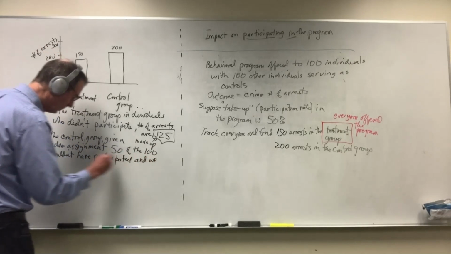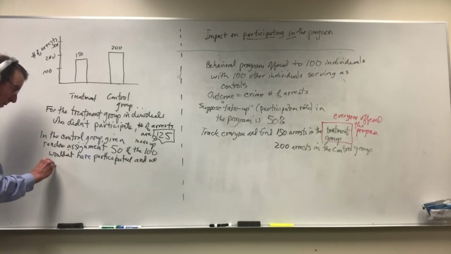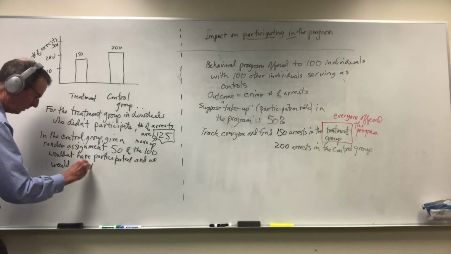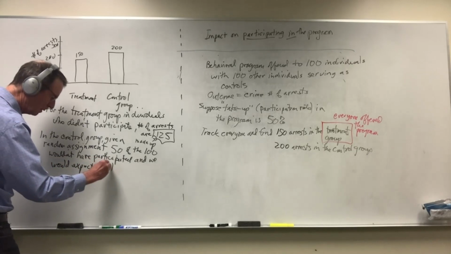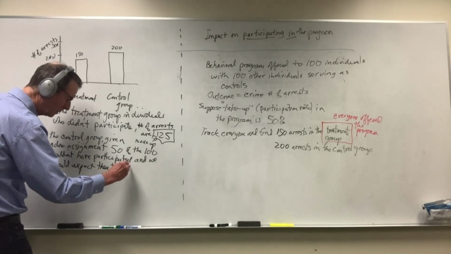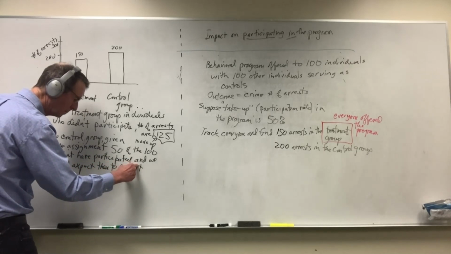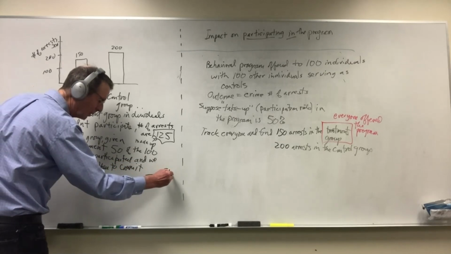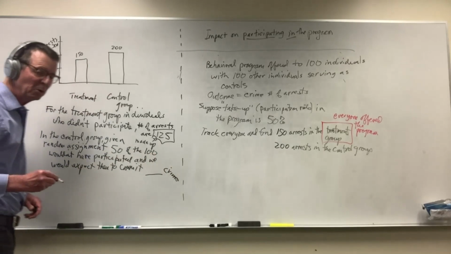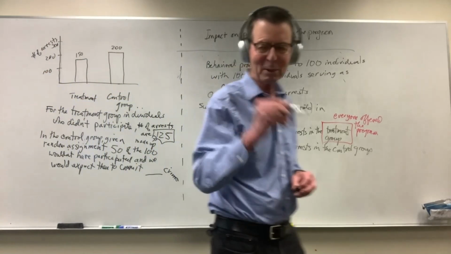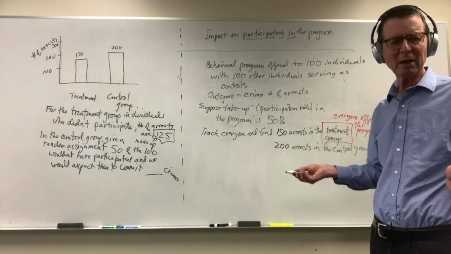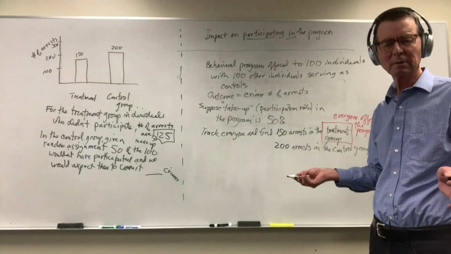And we would expect them to commit how many arrests, for the people who would have participated or would not have participated had they had a chance to participate? It's random assignment. We've got two balanced groups. 100 crimes.